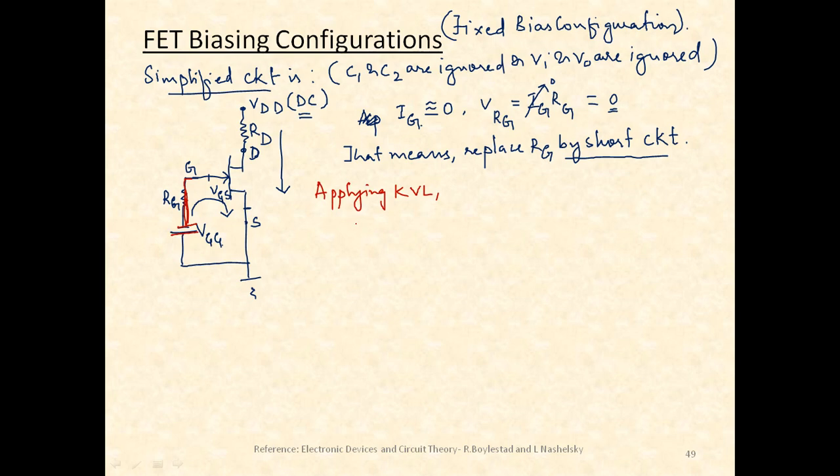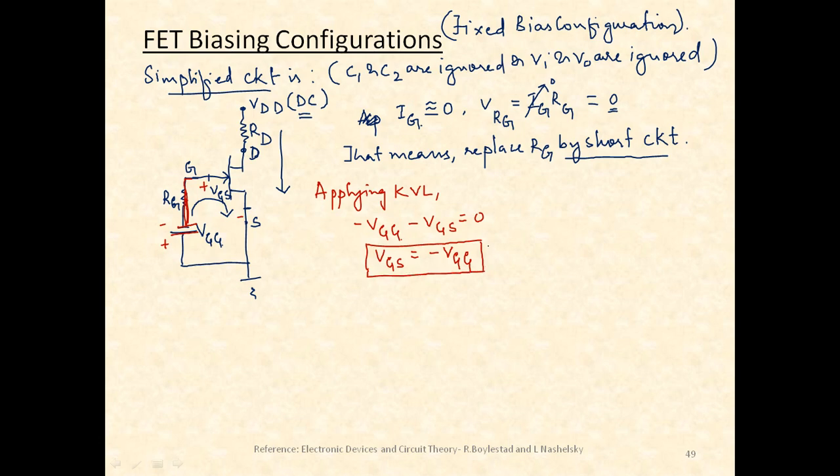Applying KVL, see, this is plus minus. So it's like minus VGG plus minus VGS is equal to 0. That means VGS is equal to minus of VGG.